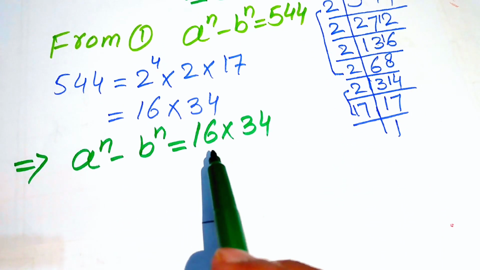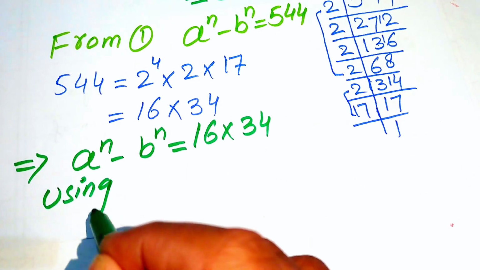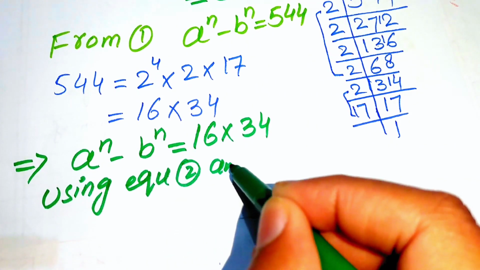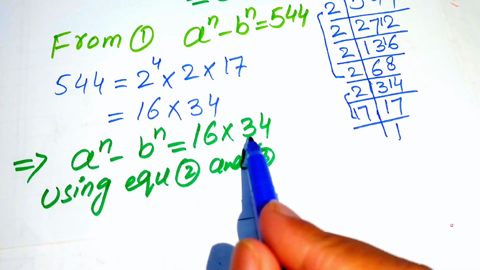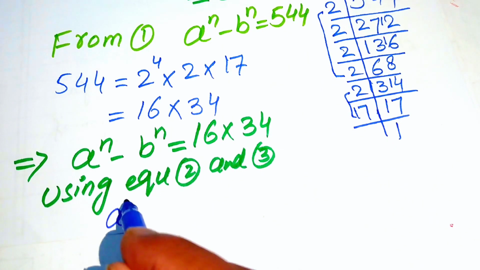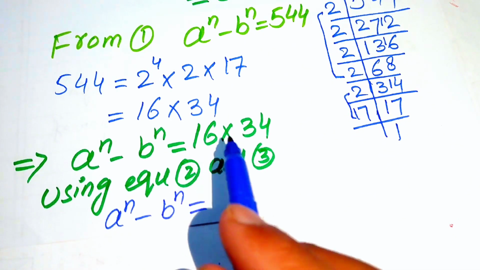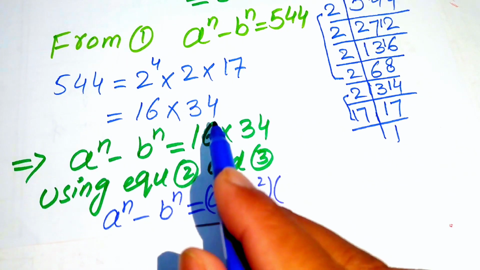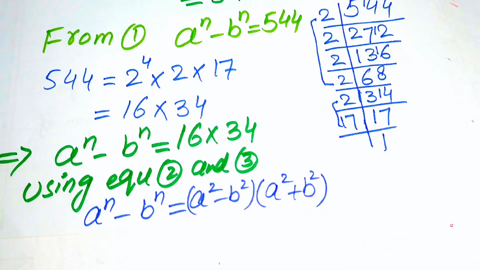We substitute the values of 16 and 34 here, and we obtain a to the power of n minus b to the power of n equals 16 times 34, where 16 equals a square minus b square and 34 equals a square plus b square.